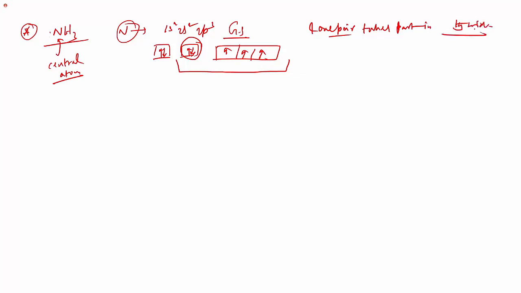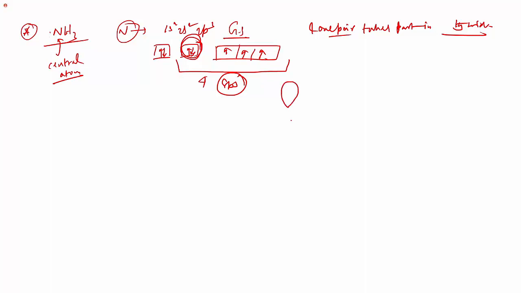Okay, so a lone pair also takes part in hybridization. Here the lone pair is present in the s orbital, and the 3 unpaired electrons are present in the 3 p orbitals. So the s orbital and the 3 p orbitals form the 4 sp3 hybridized orbitals.